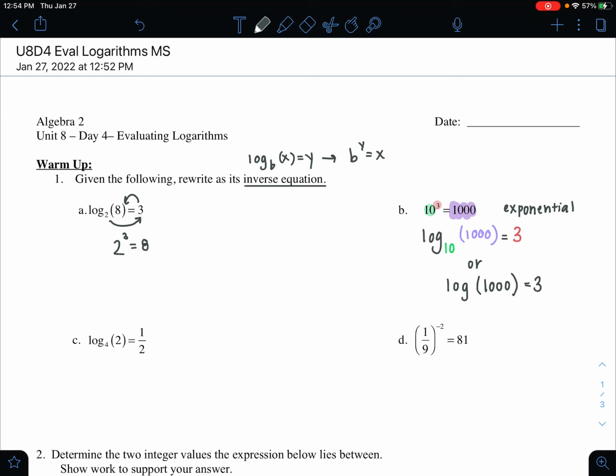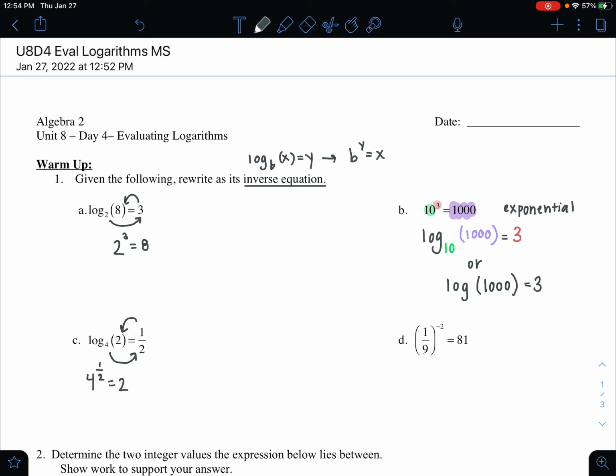All right, so pause the video, take a moment, and rewrite C and D as their inverse functions. All right, let's take a look. We have 4 to the 1/2 power is equal to 2.